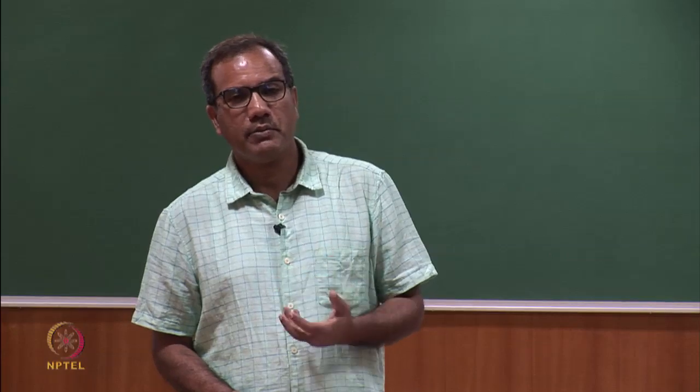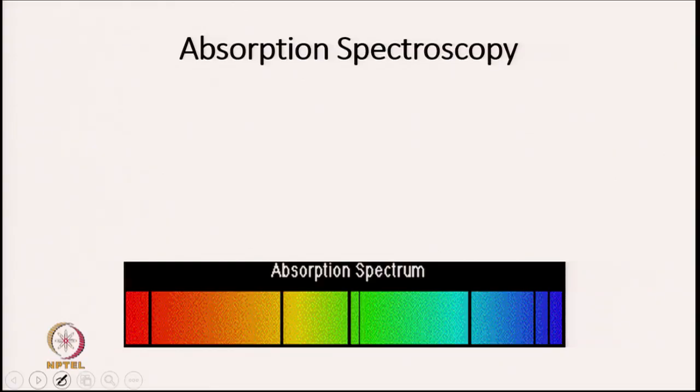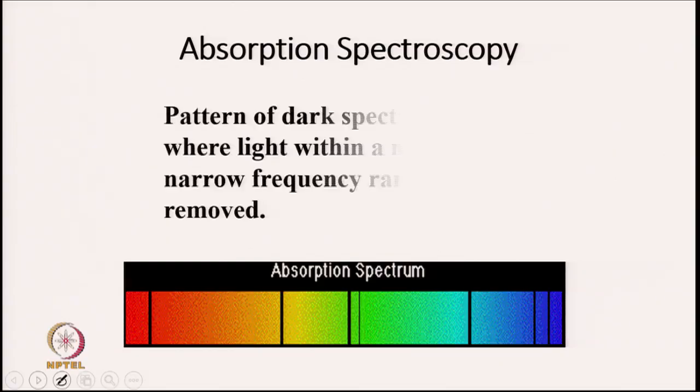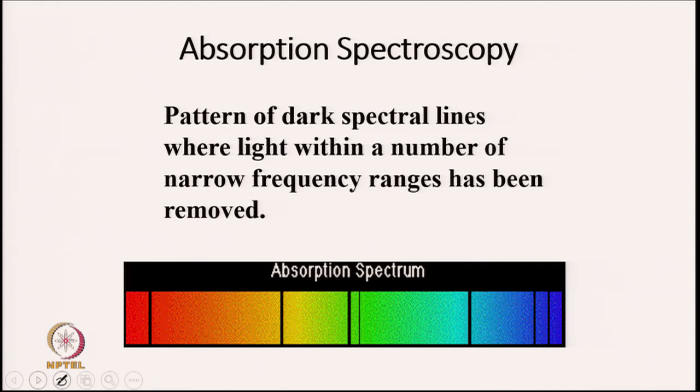What is absorption spectroscopy? So, absorption spectroscopy is basically a pattern of dark spectral lines, where light within a range of narrow frequency ranges has been removed. So, we looked at two kinds of emission spectroscopy.